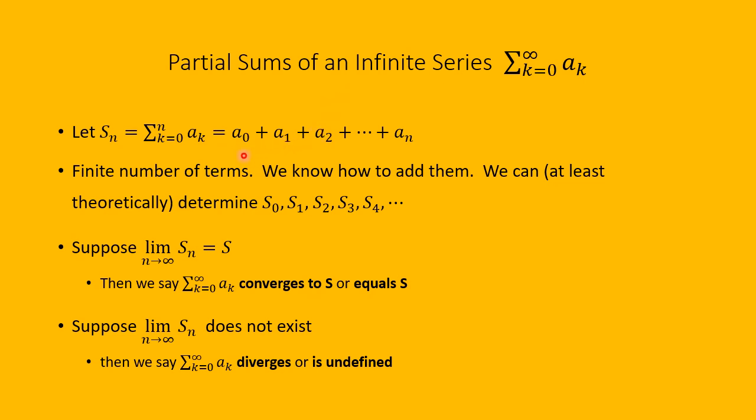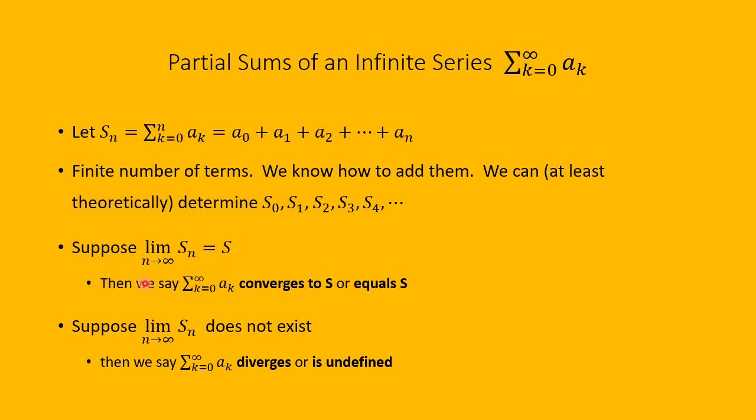So at least theoretically, we can calculate s naught, s sub 1, s sub 2, s sub 3, s sub 4, and so forth. The zeroth partial sum, the first partial sum, the second partial sum, the third, the fourth partial sum, and so forth, just by changing the n in this formula over here. Suppose when we look at the limit as n goes to infinity of the s sub n's, that equals some finite number s.